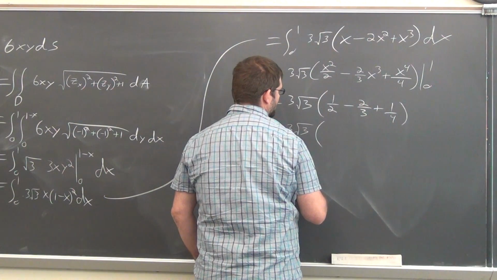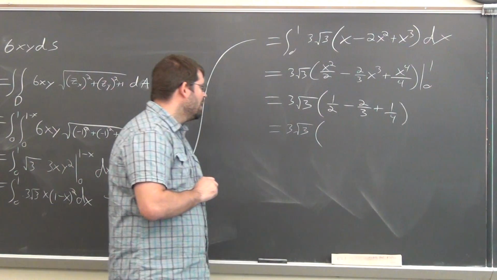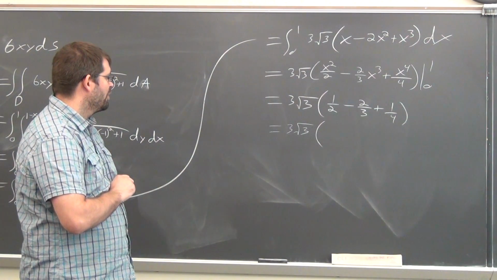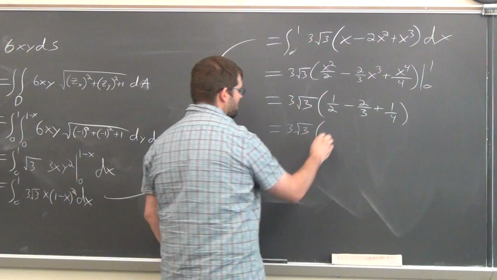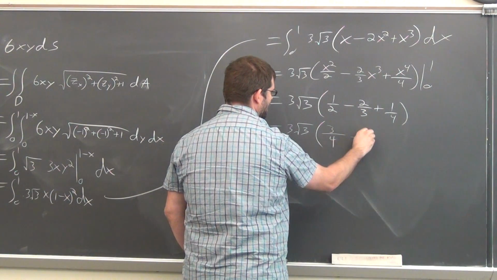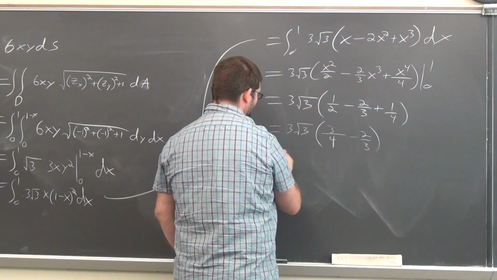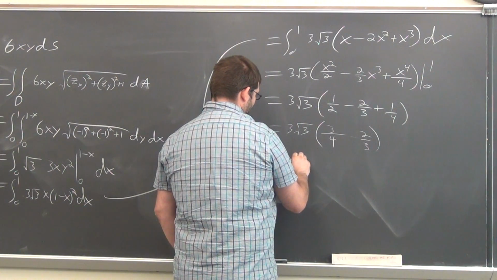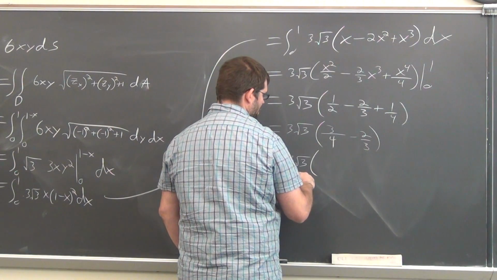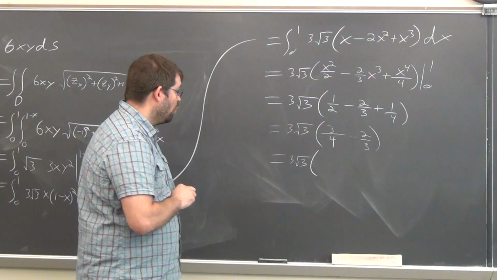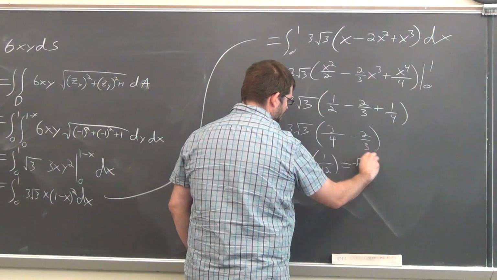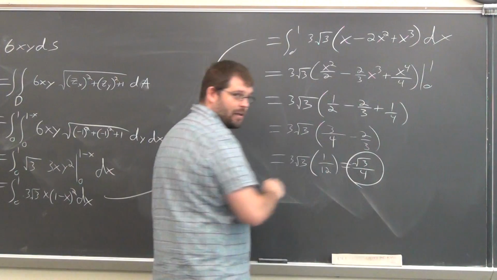So what does this give us? 3/4 minus 2/3, right? Speak up if I screw up there. So that's 3 root 3 times 1 over 12, right? Yeah, so it'll be root 3 over 4. Is that okay?